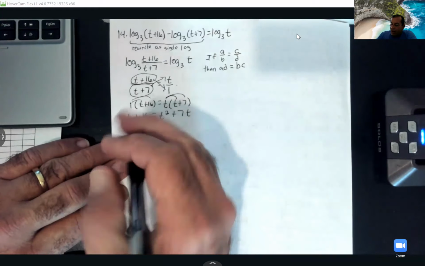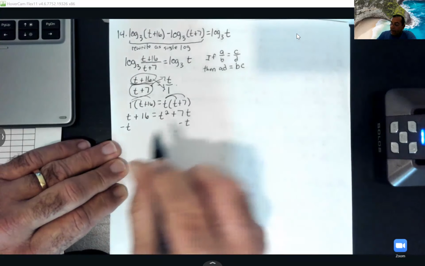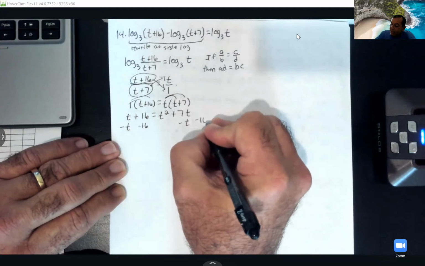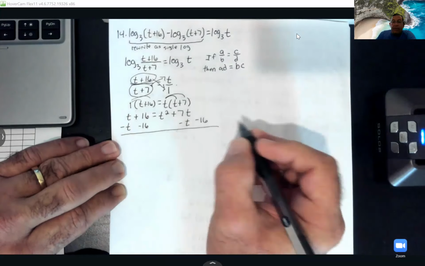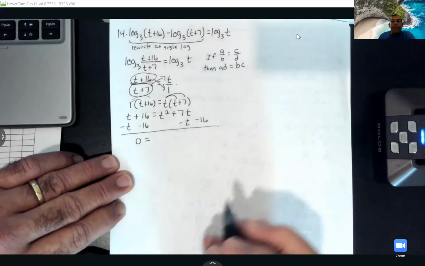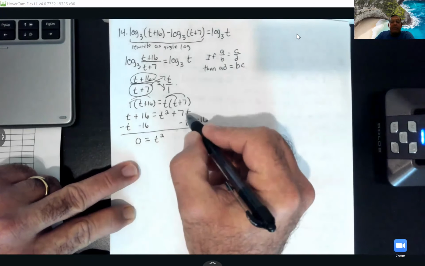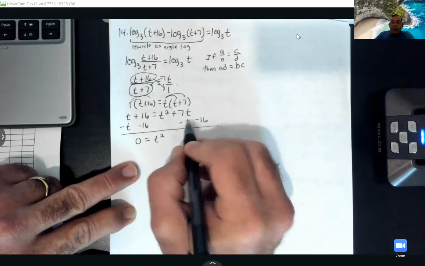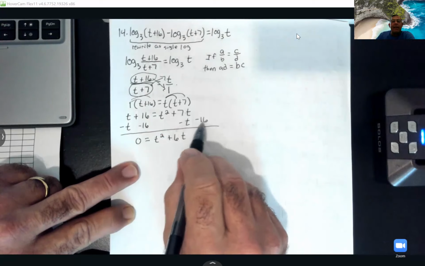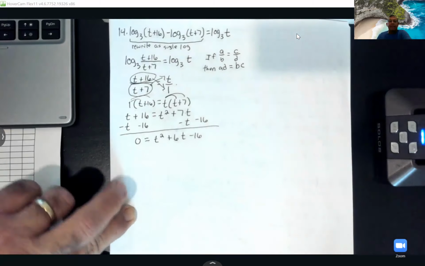So to make this side a 0, I'm going to start by subtracting t from both sides. And then I'm going to subtract that 16 from both sides. So look what's happening. Everything cancels on the left side, giving you a 0. Now, bring down the t squared. 7t minus 1t leaves me 6t. And then at the end, there's no like terms, so just bring down that negative 16.